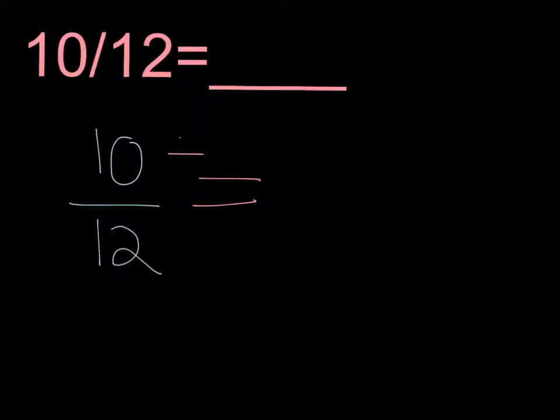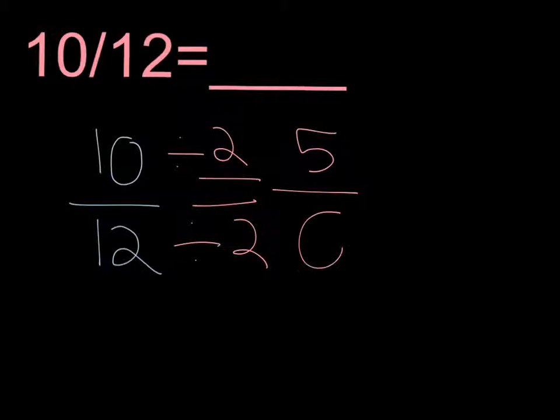So 10 divided by 2 and 12 divided by 2. 10 divided by 2 equals 5, and 12 divided by 2 equals 6. So our fraction is 5 over 6.